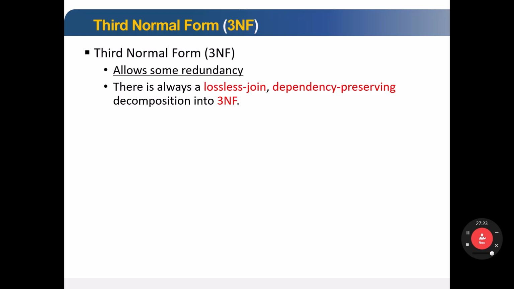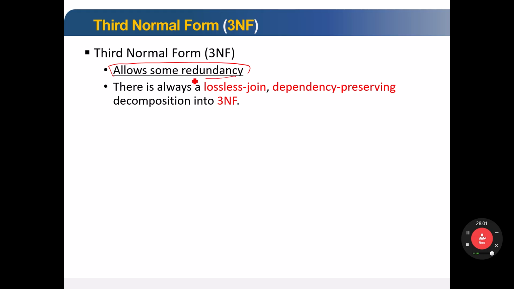And the key idea of 3NF is that it allows some redundancy. The reason why we wanted to decompose a table is because we wanted to avoid any redundant information in a table, right? Redundancy requires lots of disk space, and it makes transactions run slow because a transaction may need to update multiple records atomically.